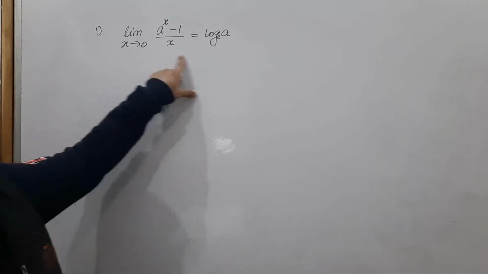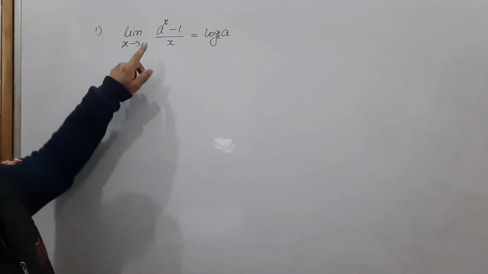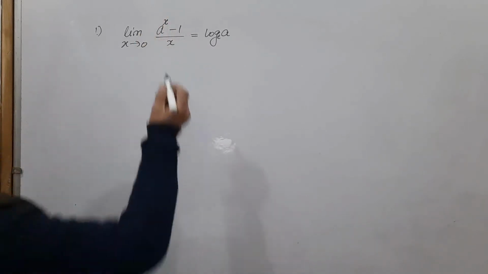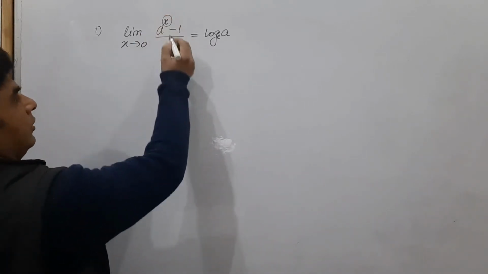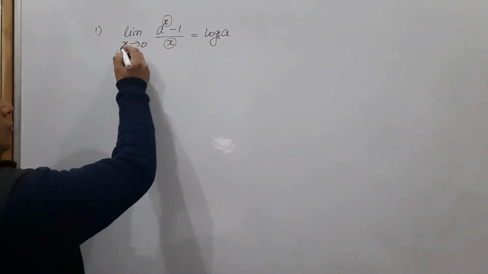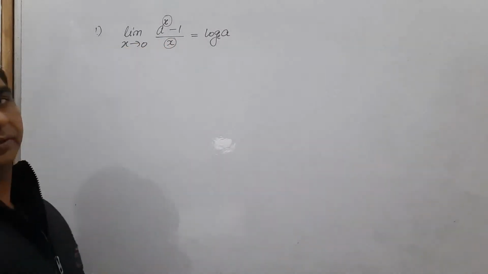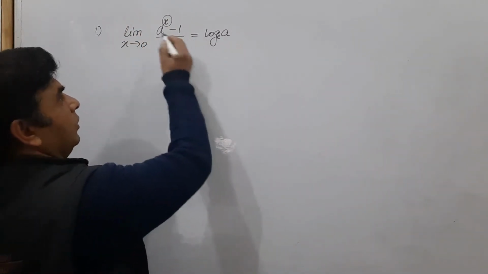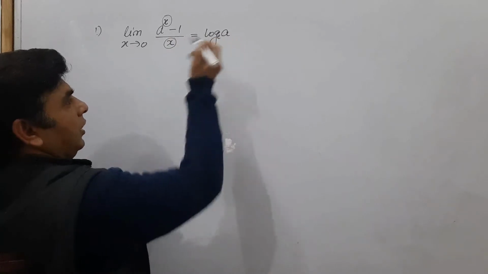Keep in mind that whatever the power of the constant is, this is your x, then in the denominator there should be x, and this x should approach 0 as well. Then this complete value will be equal to the logarithm of the base, whatever the constant term a is.